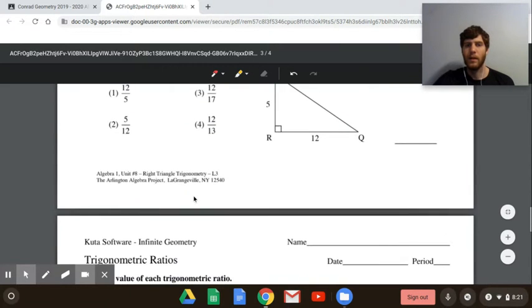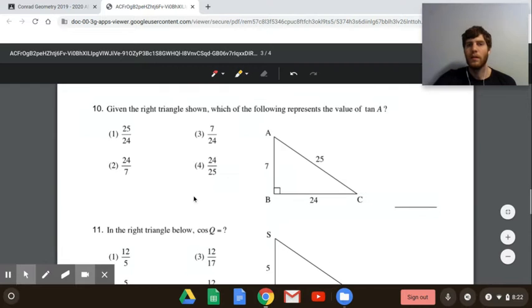Okay, and then 10, 11, they're asking you which ratio is going to be represented for tangent of A. So here's your hypotenuse. We're looking at A. So 24 is opposite because it's across. 7 is adjacent because it's next to, right? 24 is across. 7 is next to, so it's adjacent.